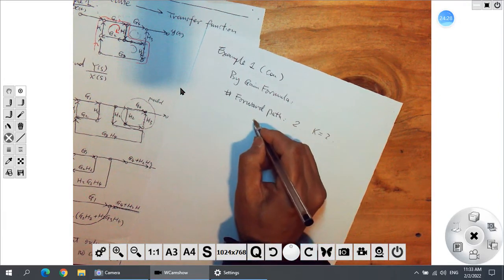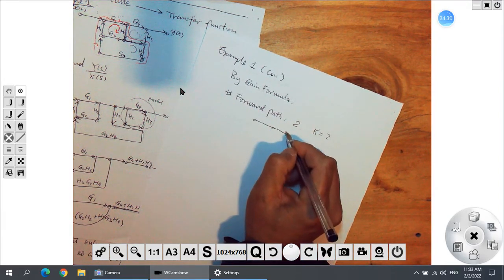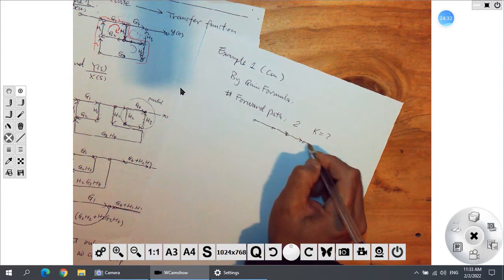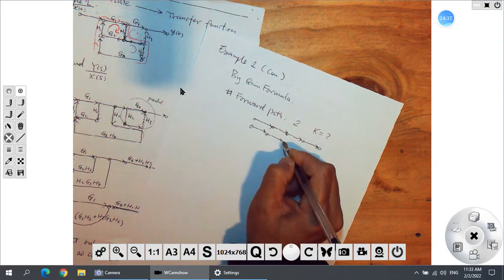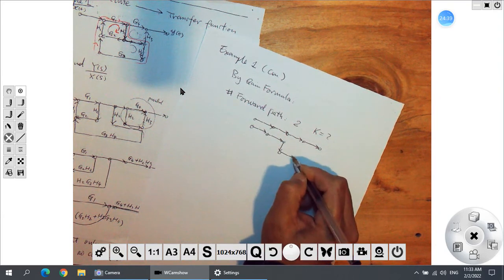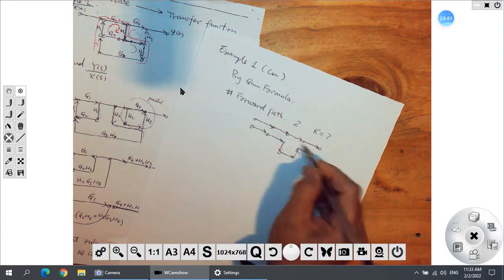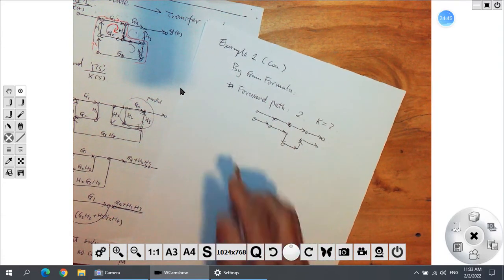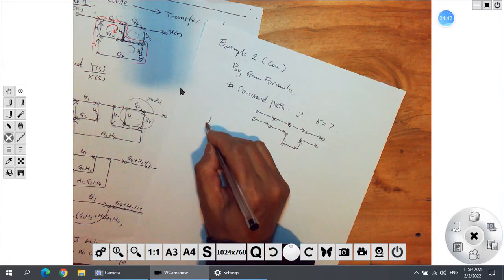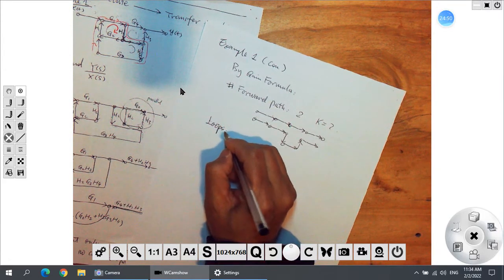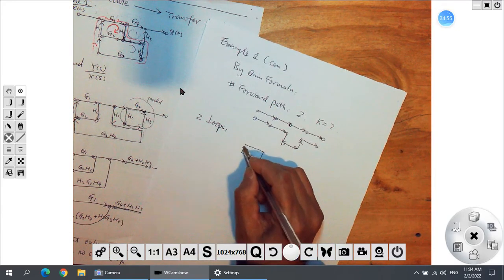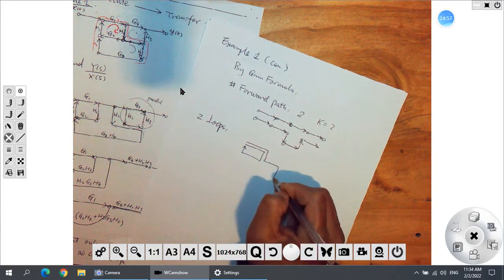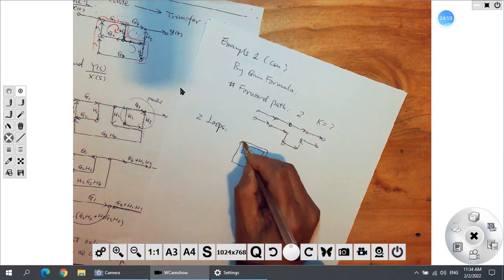The path looks like this, right, we have 2 paths. One is this, one is this. And loops, we have 2 loops. One is this, one is this one.